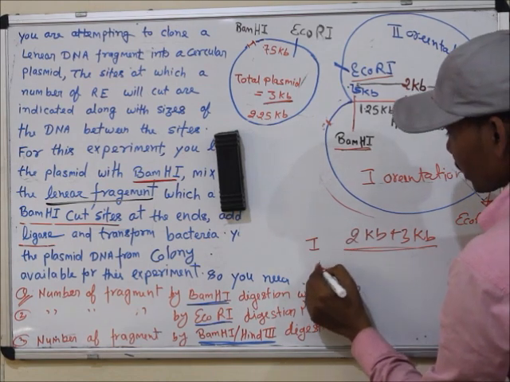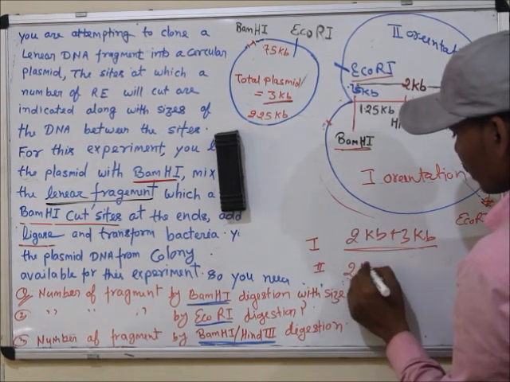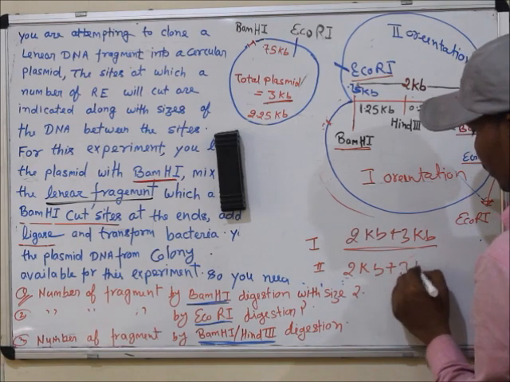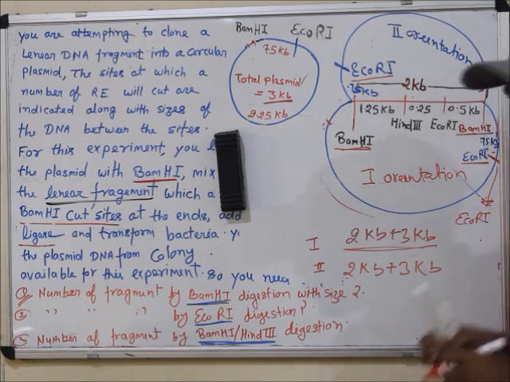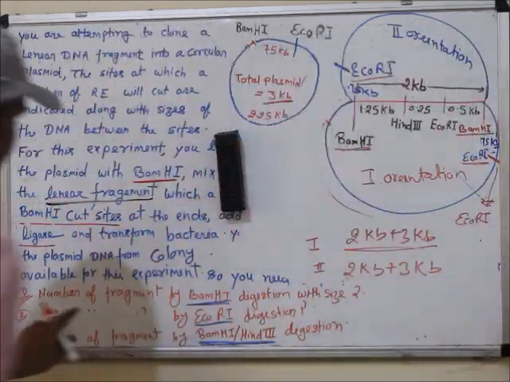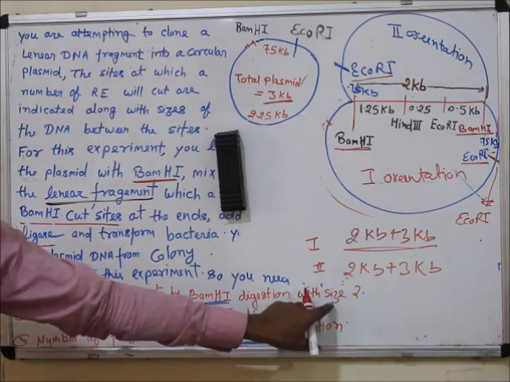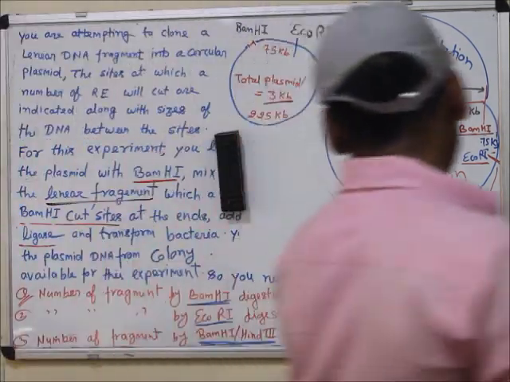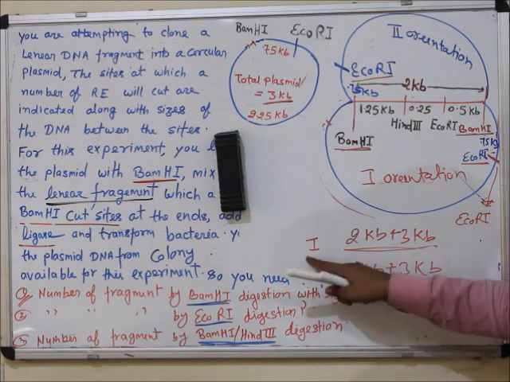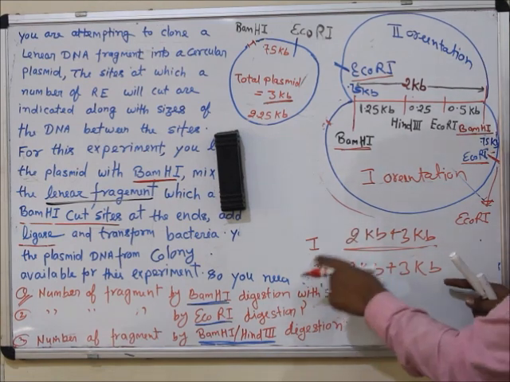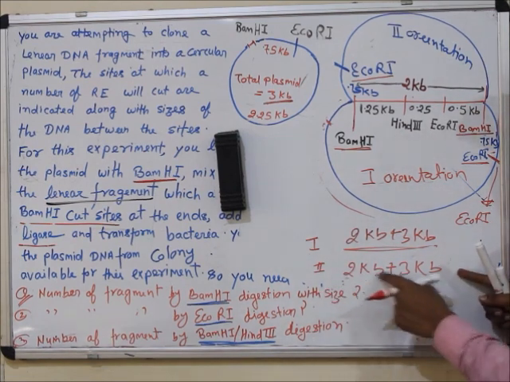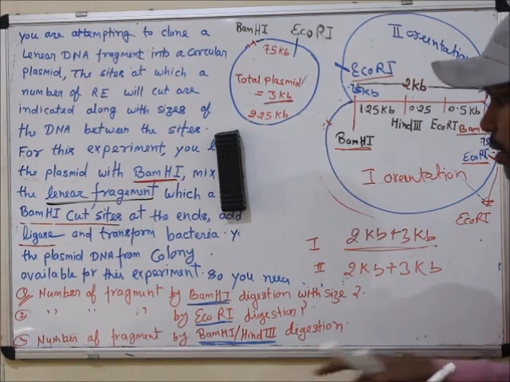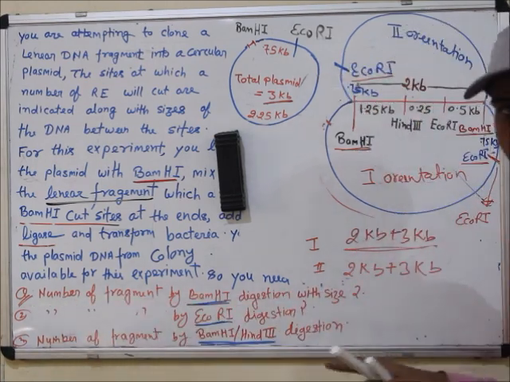First orientation, second orientation, 2 kb plus 3 kb. So the answer is: the fragments by BamHI digestion would be 2 kb plus 3 kb in the first orientation, and in the second orientation also 2 kb plus 3 kb. This is the answer to the first question.